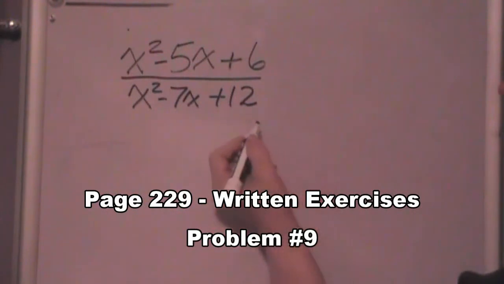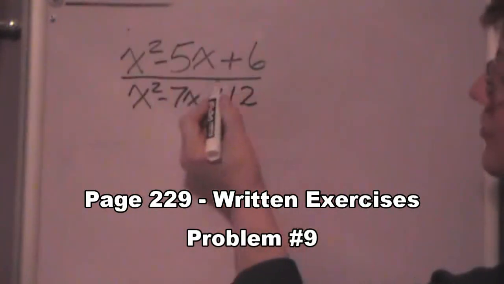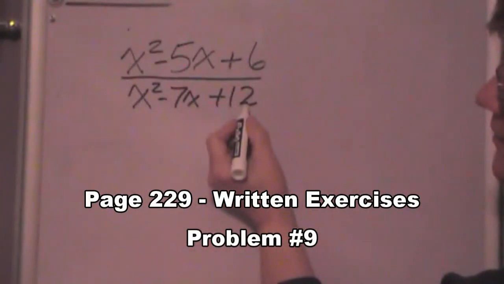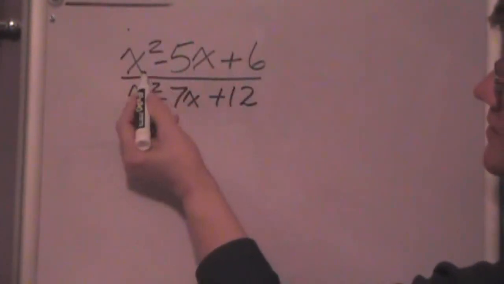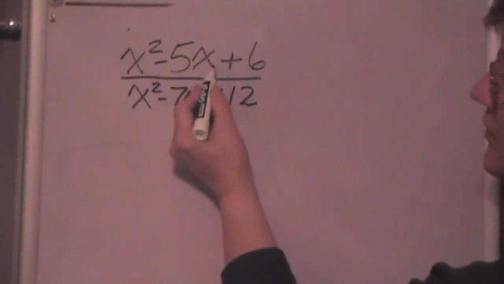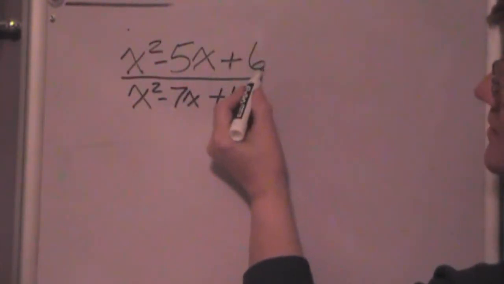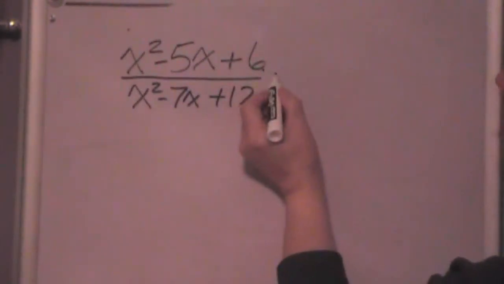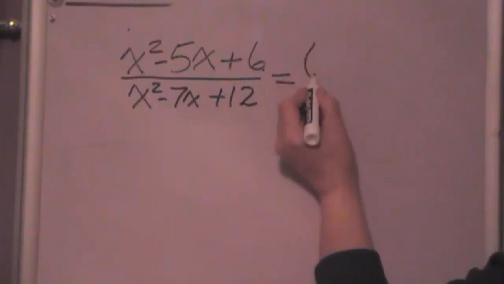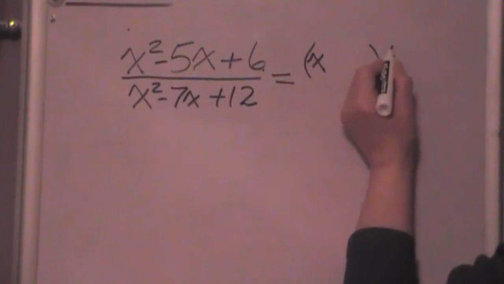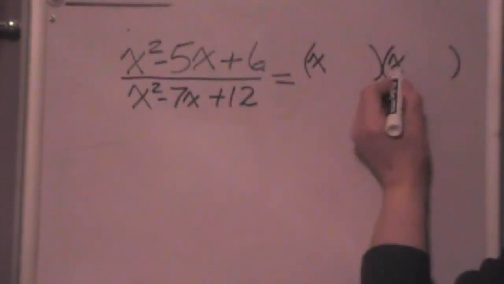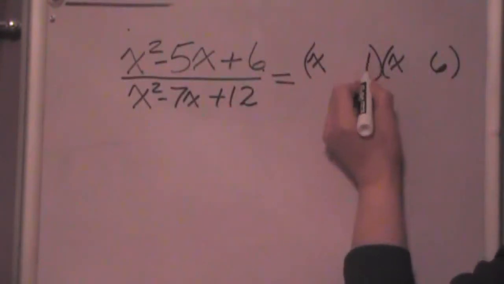Okay, here is an example where you have a trinomial on the numerator and a trinomial on the denominator. In this particular case, you want to get this factored, and since it's a quadratic with a linear term and a constant term, you're going to think about the product of two binomials. So we're going to factor the numerator into x and x, and 6 and 1.